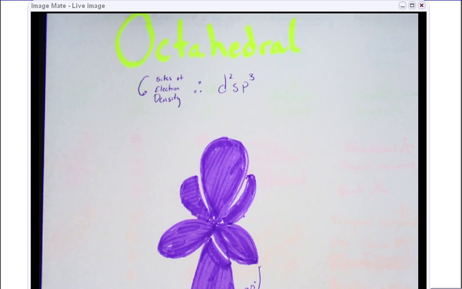Lastly, if you expand your octet even further to have 6 bonds to the central atom, you have an octahedral shape. 6 sites of electron density, therefore we need 6 letters. S and the 3 P's gives us 4. We added D to give us 5, so let's just pull another D. So d2sp3 hybridized is an octahedral electronic geometry, or structural pair geometry.